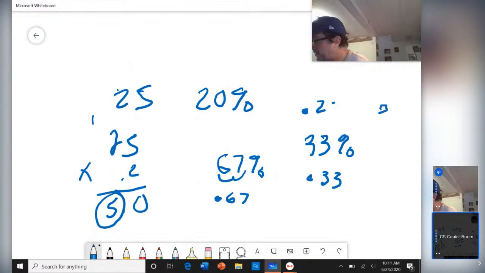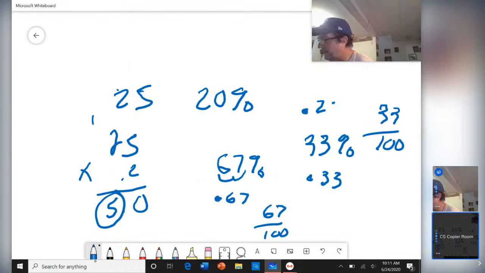So it's, in essence, 33 over 100. This one's going to be 67 over 100. So that just makes it 0.33, and this one, 0.67. So sometimes before you can solve the problem, you're going to have to convert the percent to a decimal.